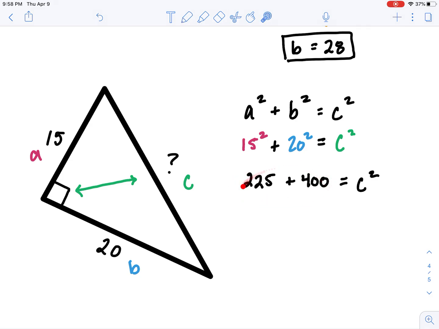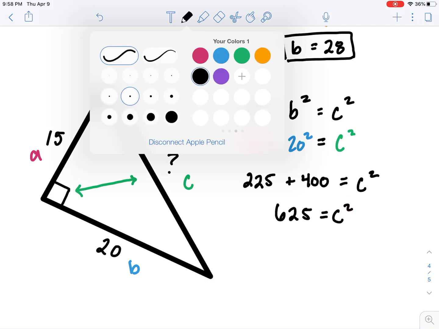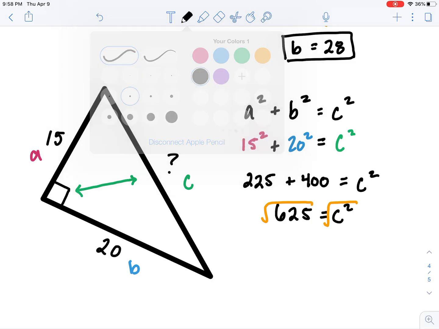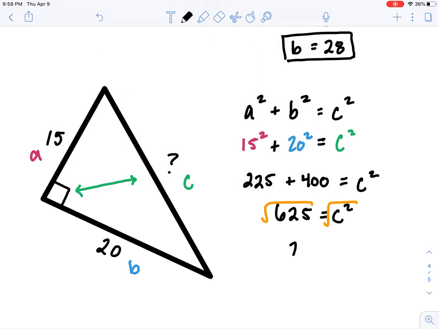Now let's add these together, and that gives us 625 equals C squared. And last thing, we need to get C by itself, so I need to get rid of this exponent. We know well by now that the opposite of squaring something is square rooting. So let's square root 625. And if we do that, we should get 25.